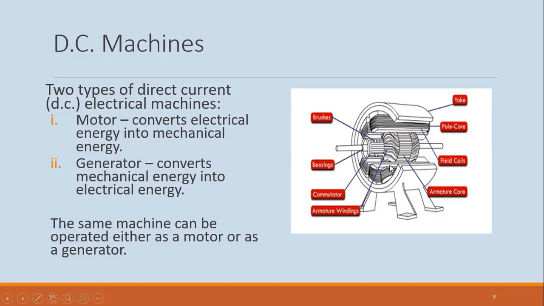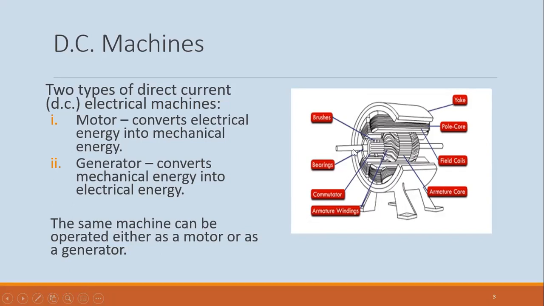And the core is made up of some ferromagnetic material. And you have what is called a yoke, this circular part, which is not magnetic, but is supporting the whole frame of the machine. Right. Then there's another important part of a DC machine, the commutator.